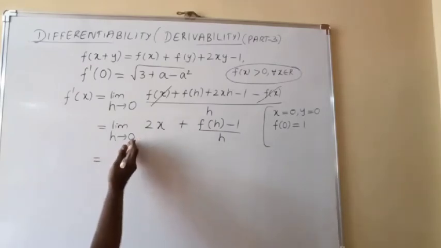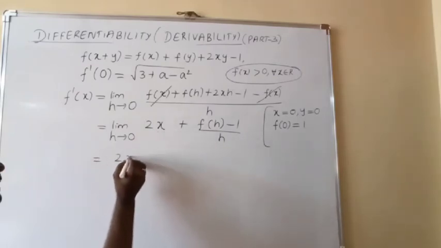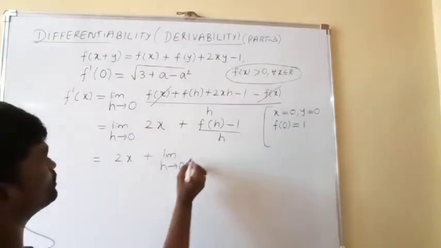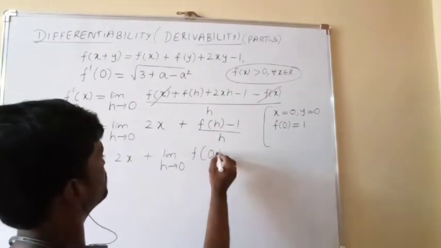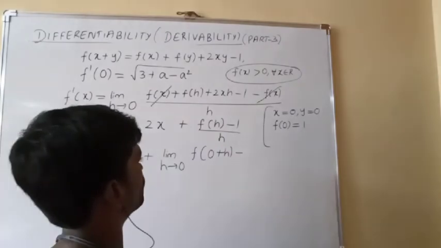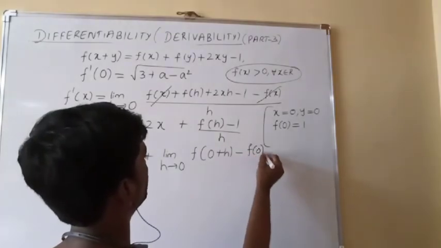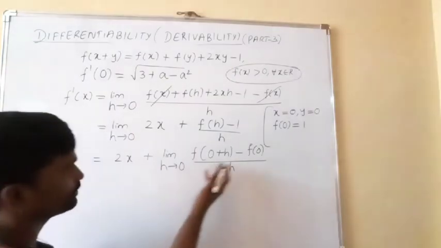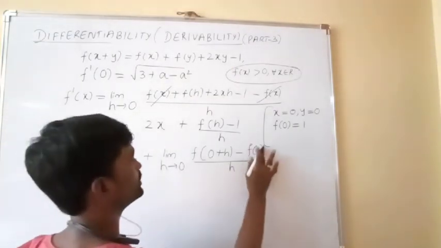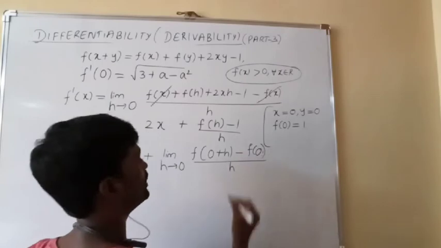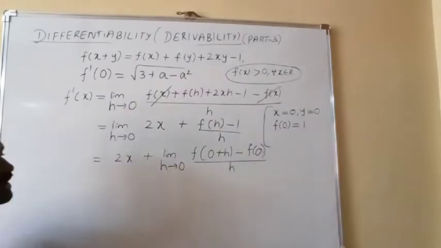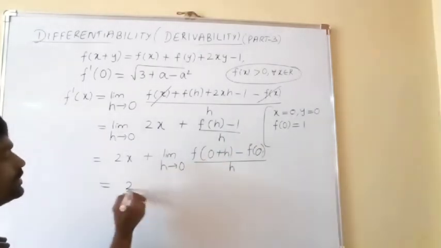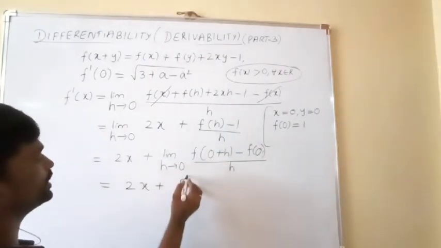So limit h tends to 0, 2x is 2x only, plus limit h tends to 0, writing h as 0 plus h and 1 as f of 0, divided by h. So it looks like f of a plus h minus f of a by h, which is nothing but f dash of a. Here a is 0. So 2x plus f dash of 0.